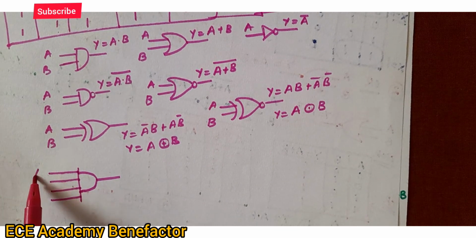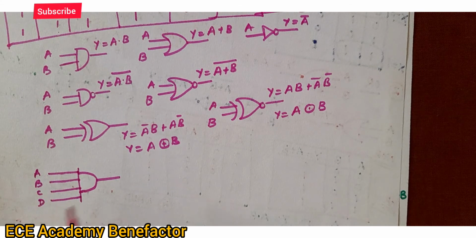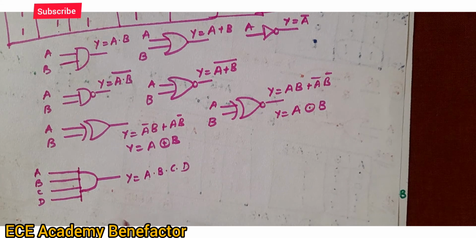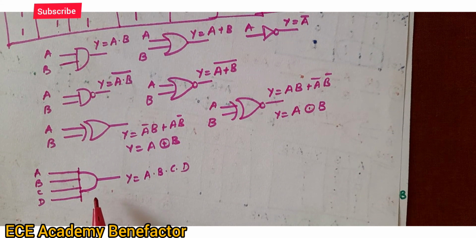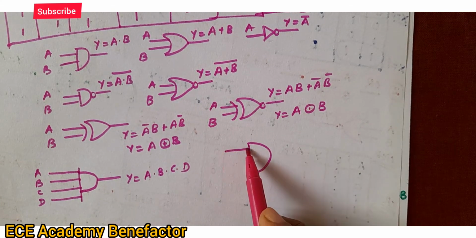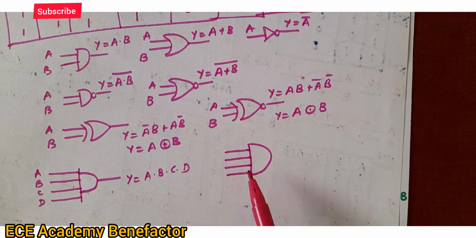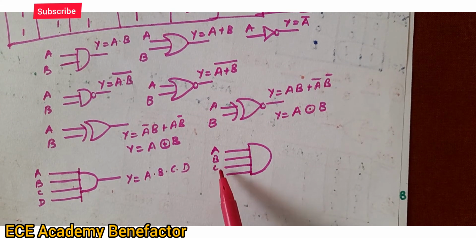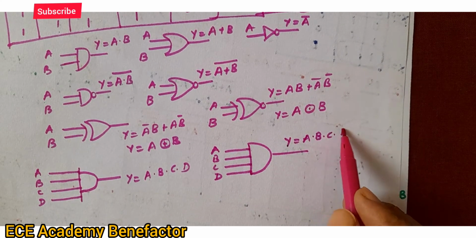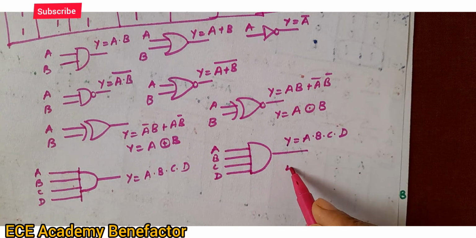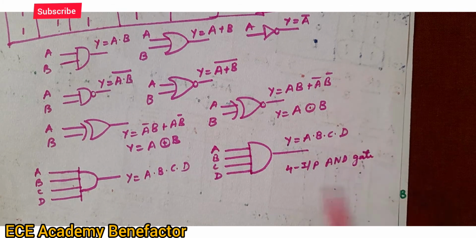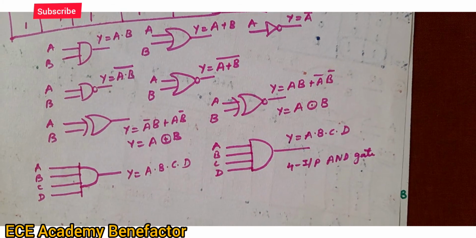We can give the inputs as A, B, C, D, and the output will be A dot B dot C dot D. We call this a 4 input AND gate. This is a 2 input AND gate, and this is a 4 input AND gate.